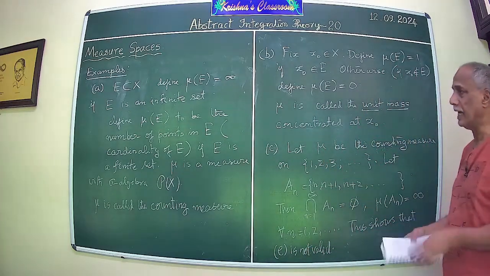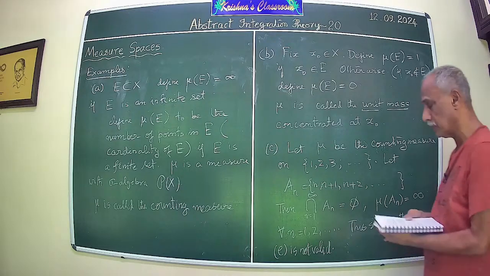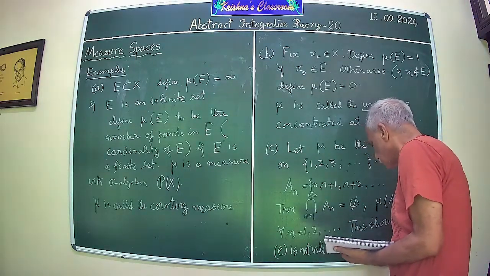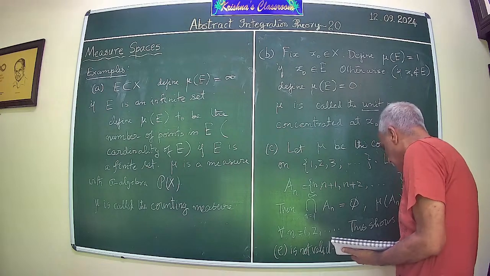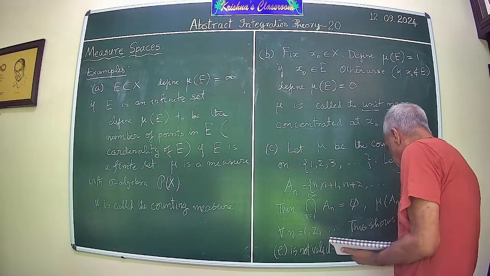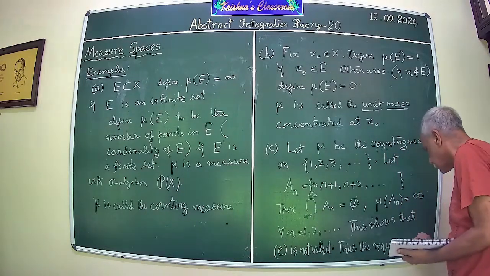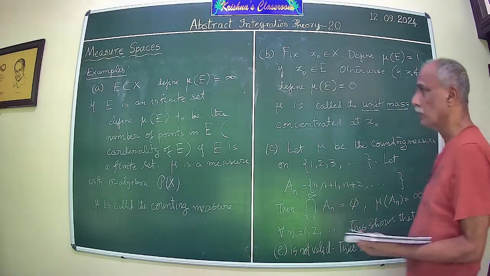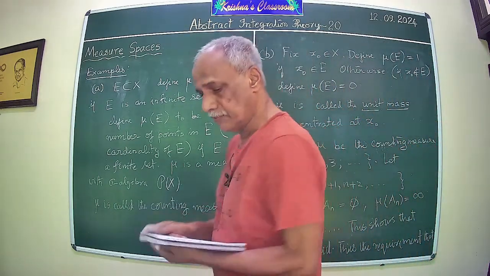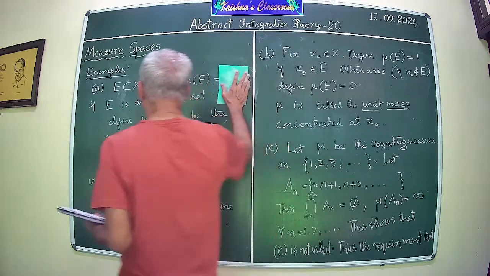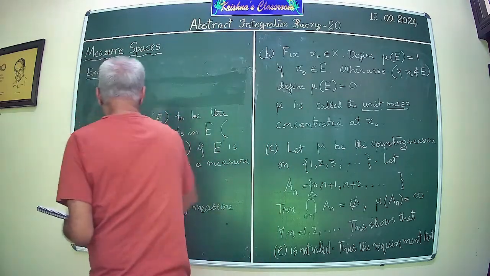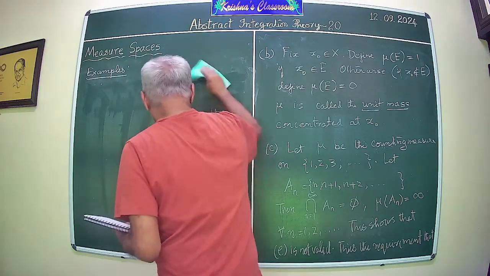And we had another condition in E. What is that? Thus, the requirement that what was the condition that we had? Mu of A1 is finite. Choose that.